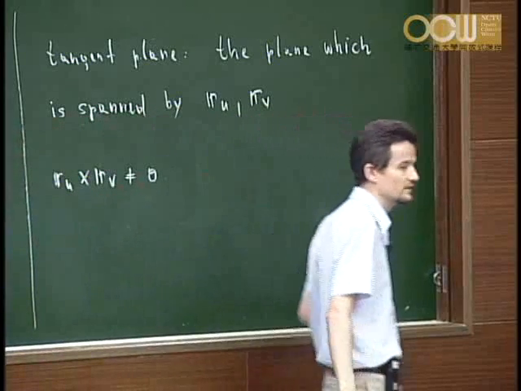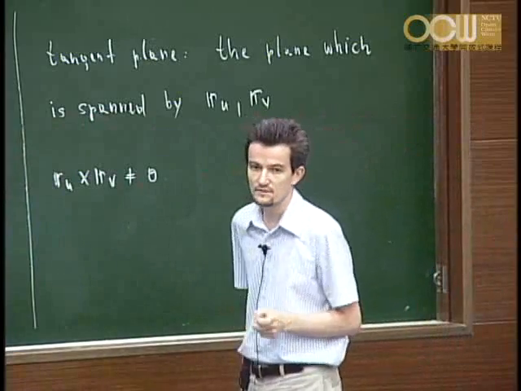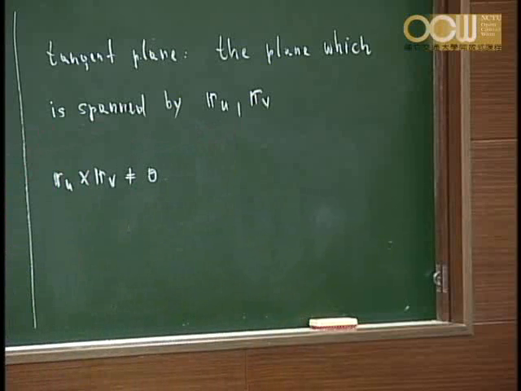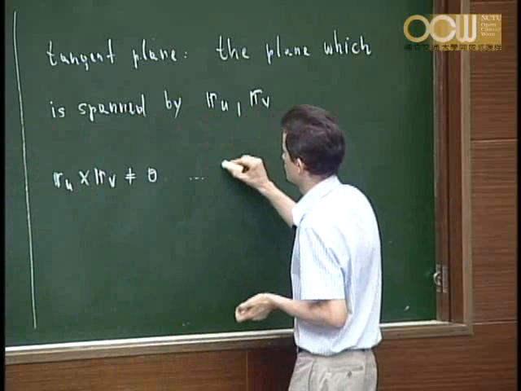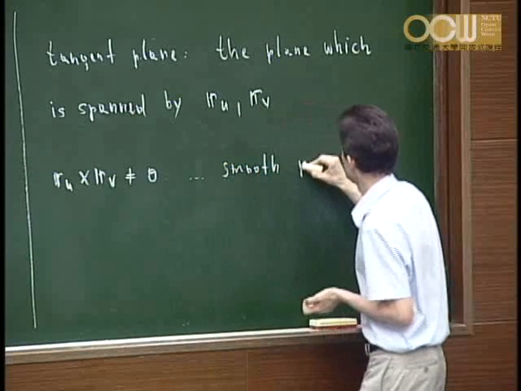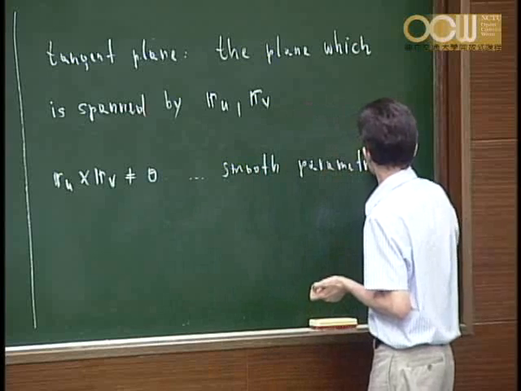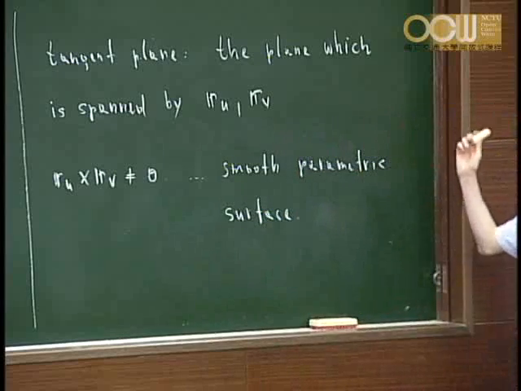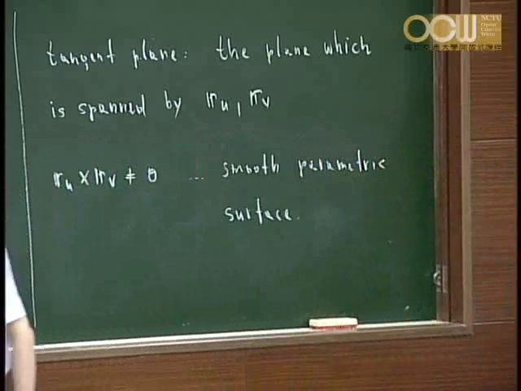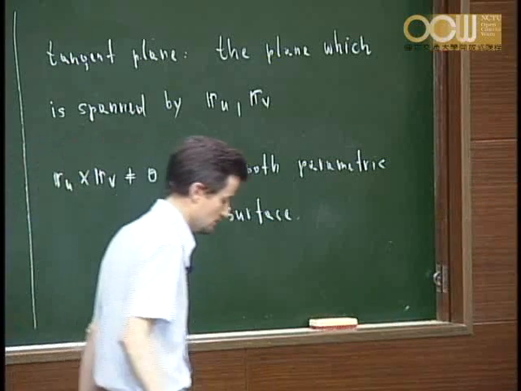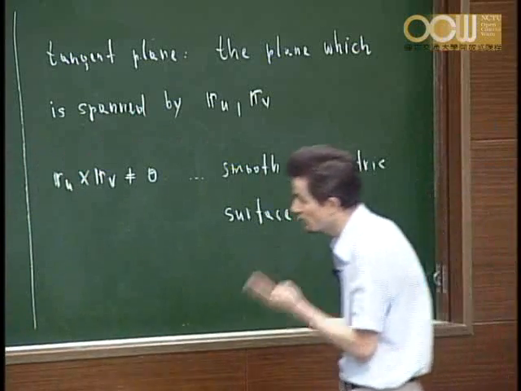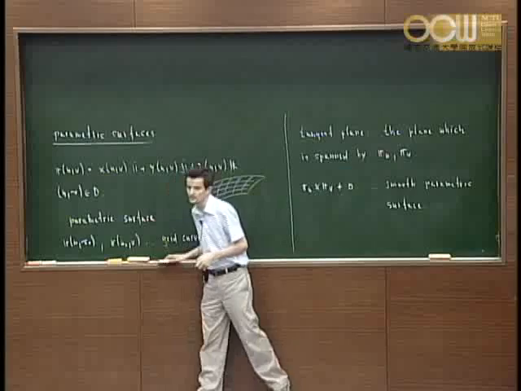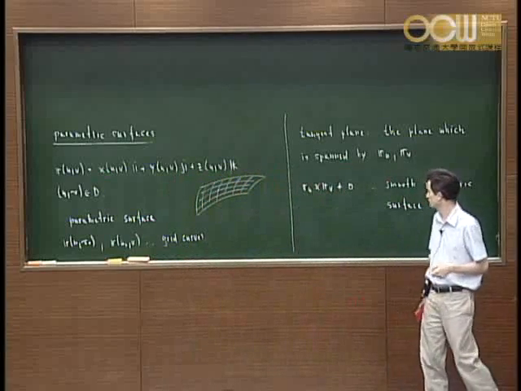So we normally assume that a parametric surface satisfies this at every point, and such parametric surfaces are called smooth parametric surfaces. We have just defined the tangent plane for the surface given by a function of two variables, and this is an easy extension to more general parametric surfaces.